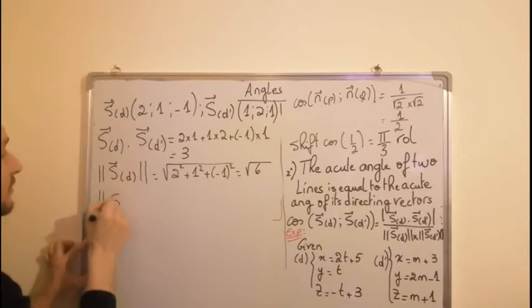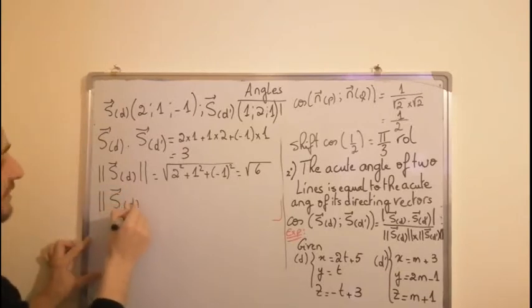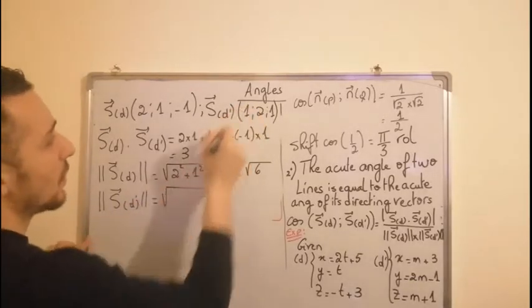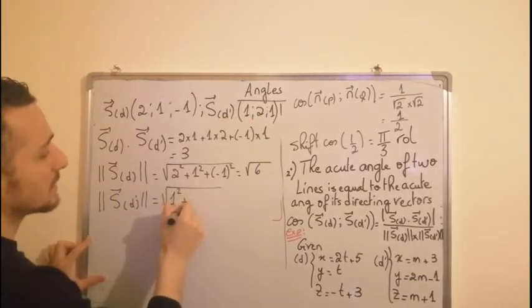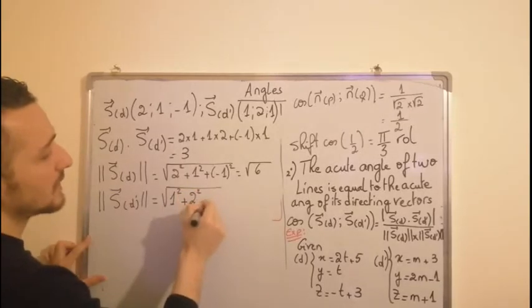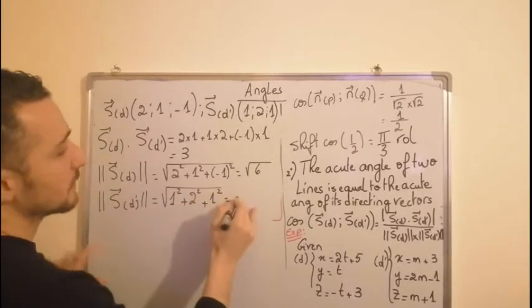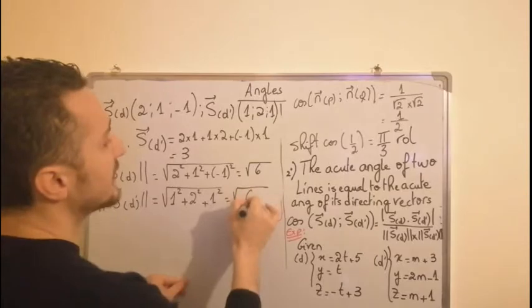Norm or magnitude or length of the vector SD prime equals radical 1 squared plus 2 squared plus 1 squared. It's equal also to radical 6.